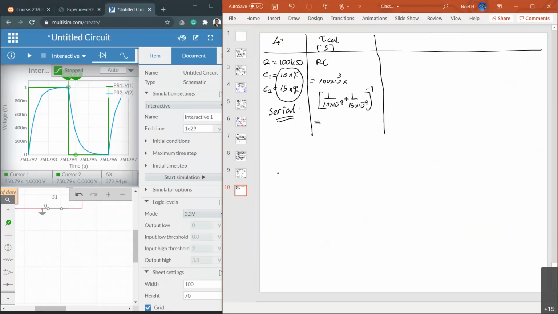Let's do that calculation and see what we get. Now we have 1 over 10 times 10 to the power minus 9 plus 1 over 10 to the power.